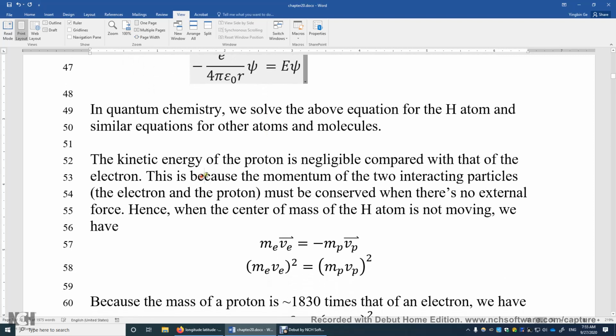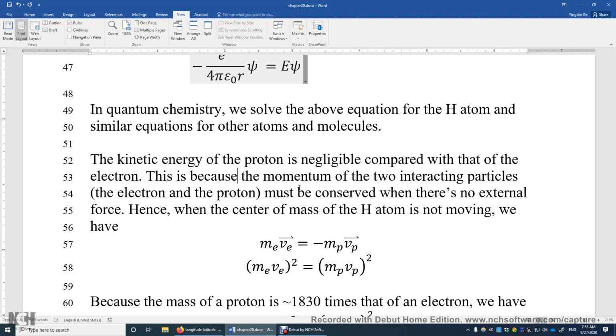What about the kinetic energy of the proton or the nucleus of the hydrogen atom? I want to say the kinetic energy of the nucleus of the hydrogen atom is negligible compared to the kinetic energy of the electron. You can prove this here. Assuming we're just looking at one hydrogen atom, for simplicity, let's say this hydrogen atom is not moving.